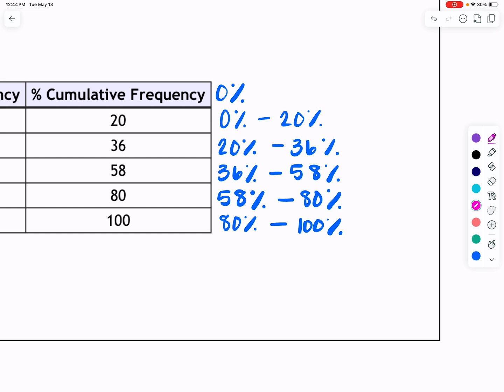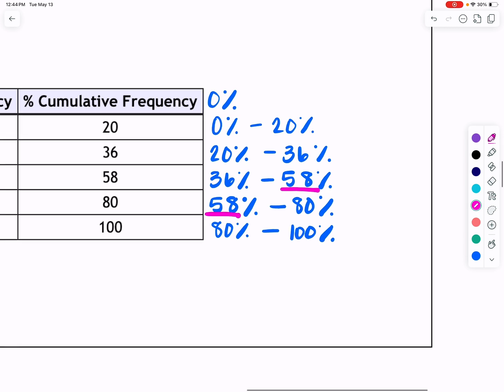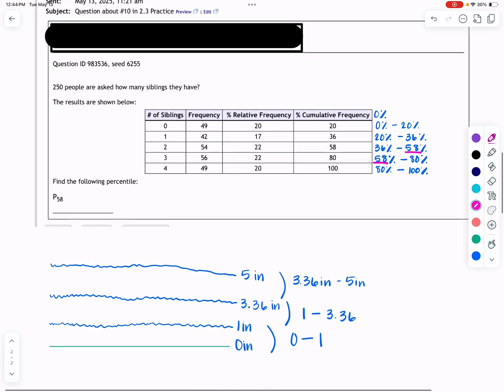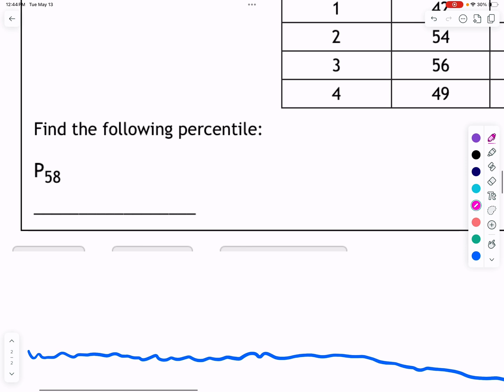Well, if you look right here, here's that percentile we were interested in. You were interested in P58. You need to understand what percentile really means.